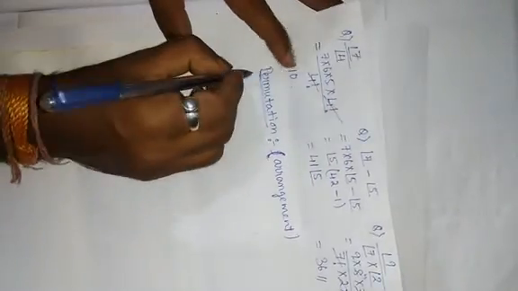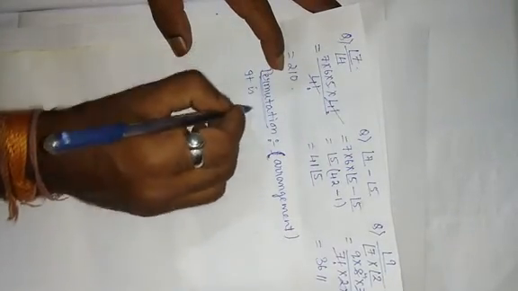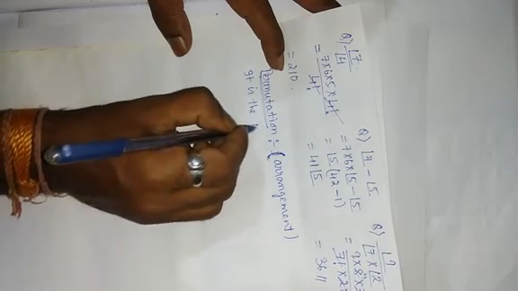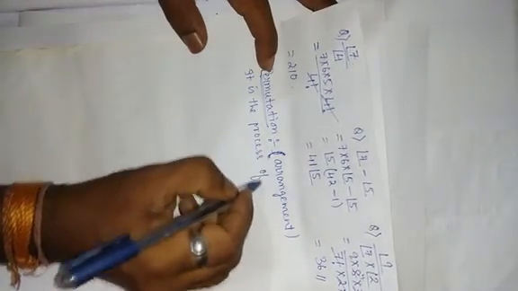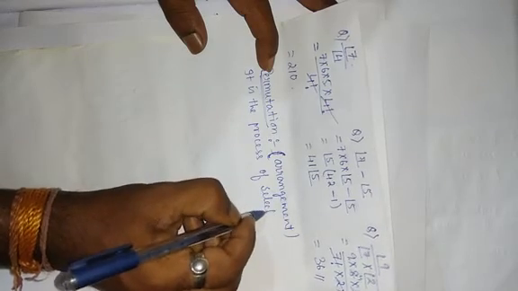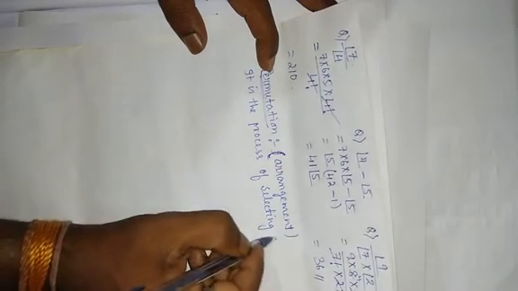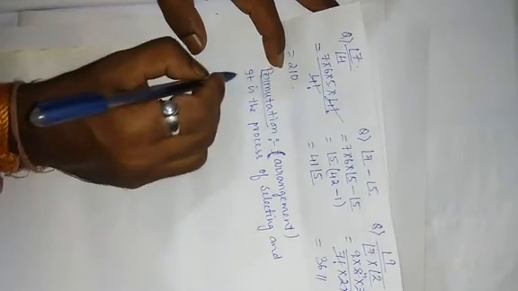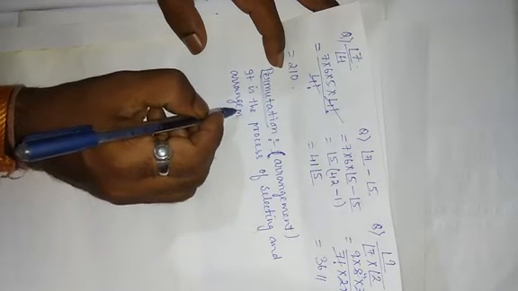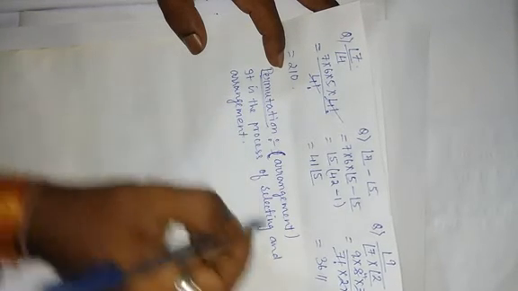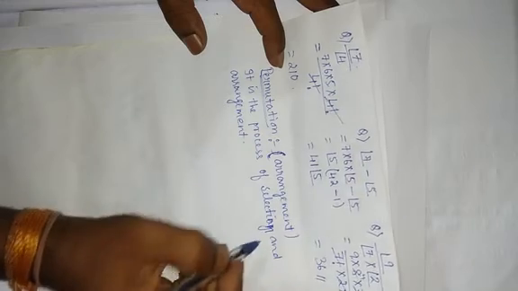So permutation can be defined as the process of selecting and arranging. Selection and arrangement.